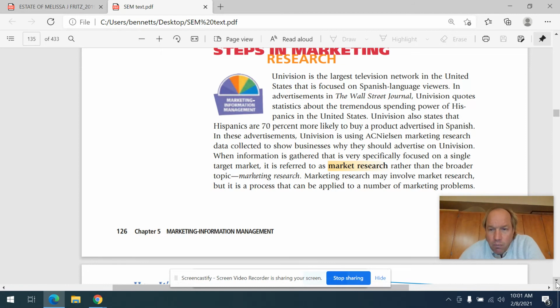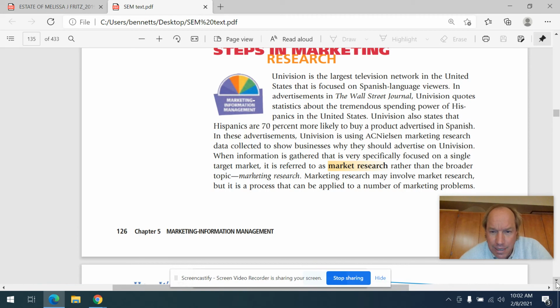In advertisements in the Wall Street Journal, Univision quotes statistics about the tremendous spending power of Hispanics in the United States. Univision also states that Hispanics are 70% more likely to buy a product advertised in Spanish. In these advertisements, Univision is using AC Nielsen marketing research data to show businesses why they should advertise on Univision.